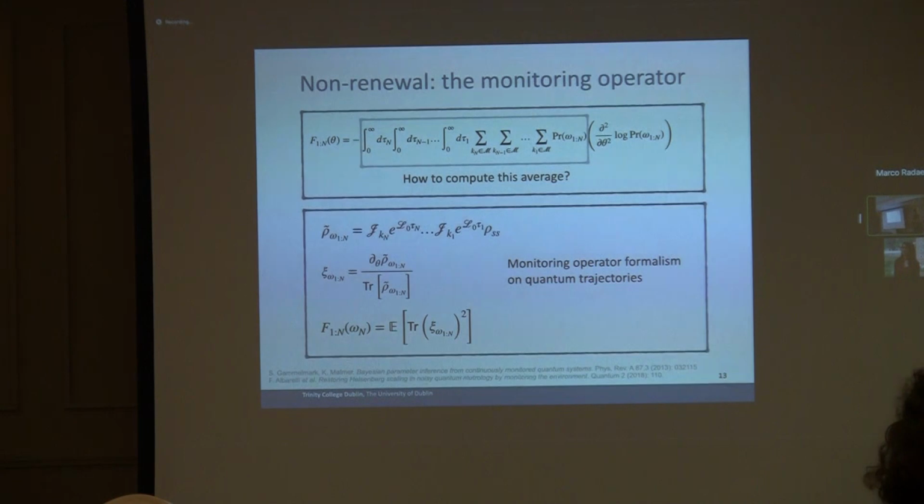Now, this object, like a derivative of this conditional non-normalized state, has this very nice property. If we take the trace and square it, and then take the expectation value with respect to all the trajectories, what we find is exactly the Fisher information. The reason why this object is so nice is that at this point we can calculate the Fisher information over trajectories.